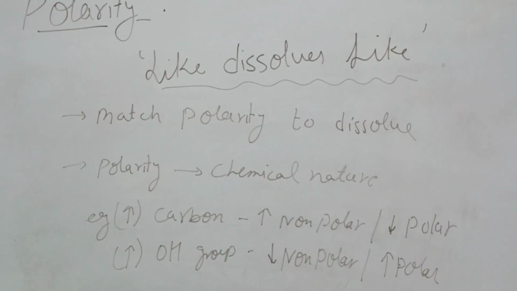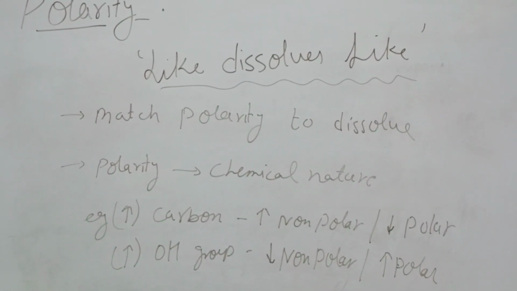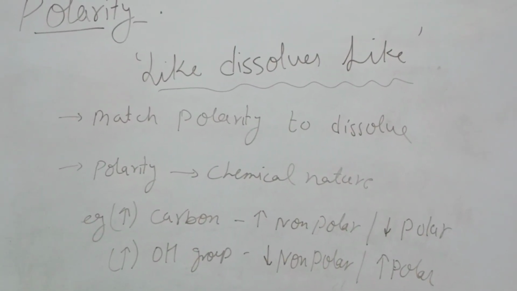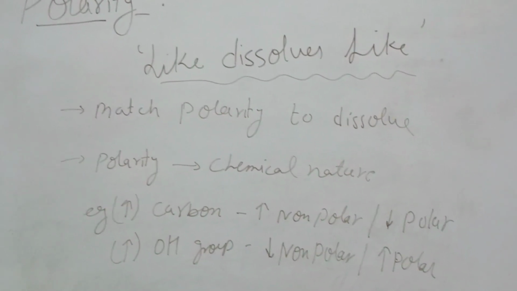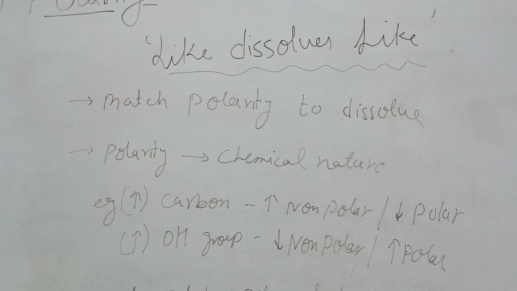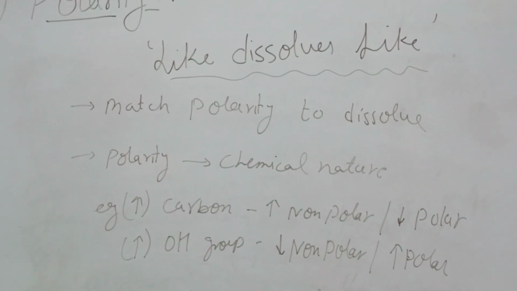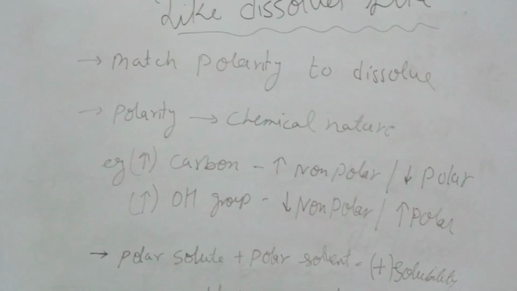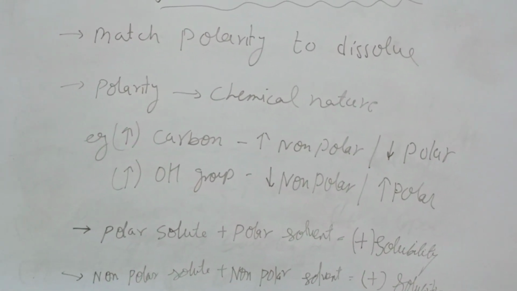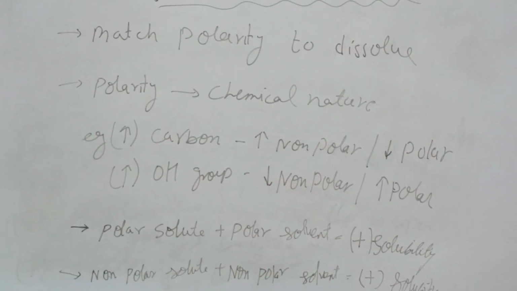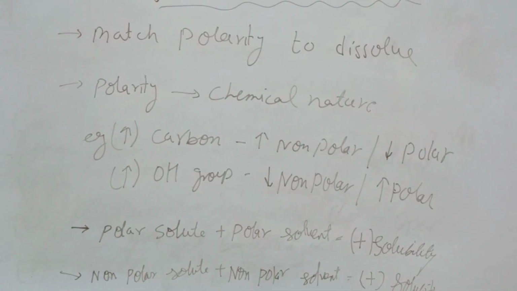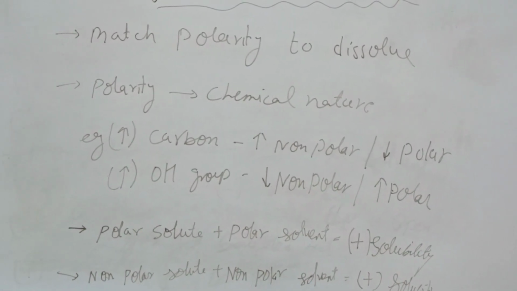In order to dissolve a solute in a solvent, as I said earlier, the polarity of solute and solvent must match each other. I further exemplify this like-dissolves-like philosophy by taking two situations, to clarify how the polarity gets matched in order to have better solubility.